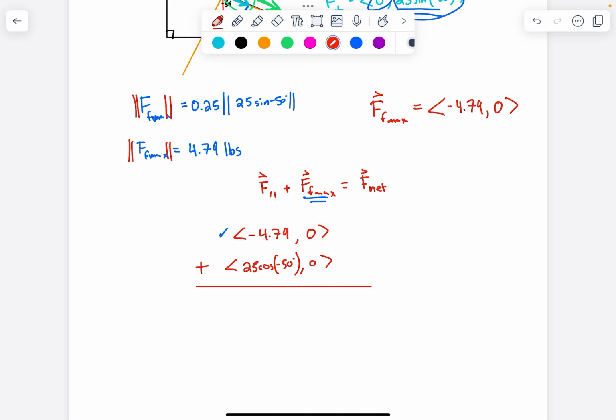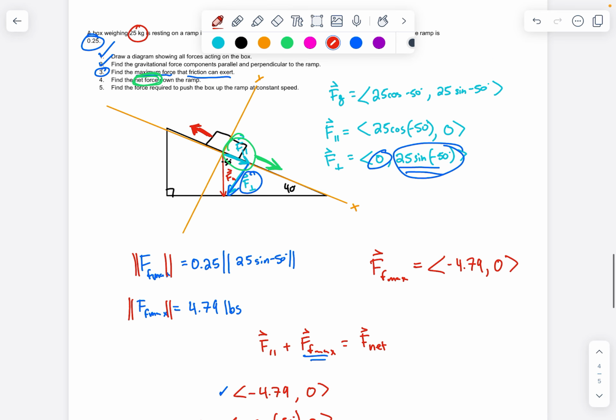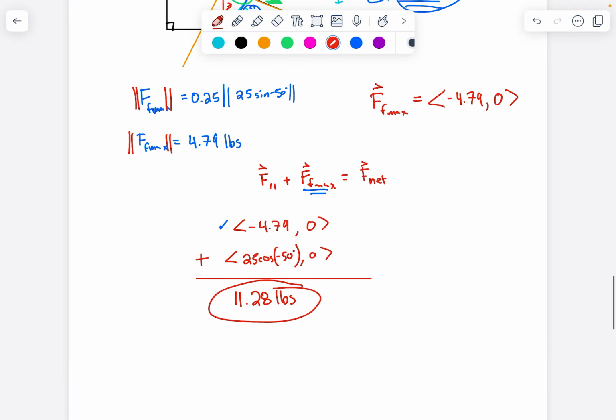Easy enough, let's just do a calculator. Add that to 25 cosine negative 50. So our net force is 11.28 pounds of force down the ramp. So the net force down the ramp this way is 11.28 pounds down the ramp.